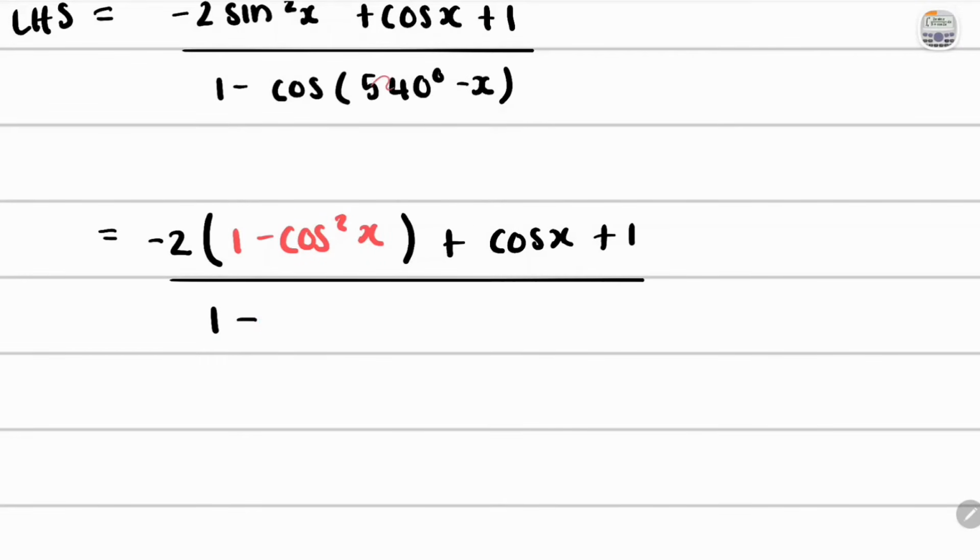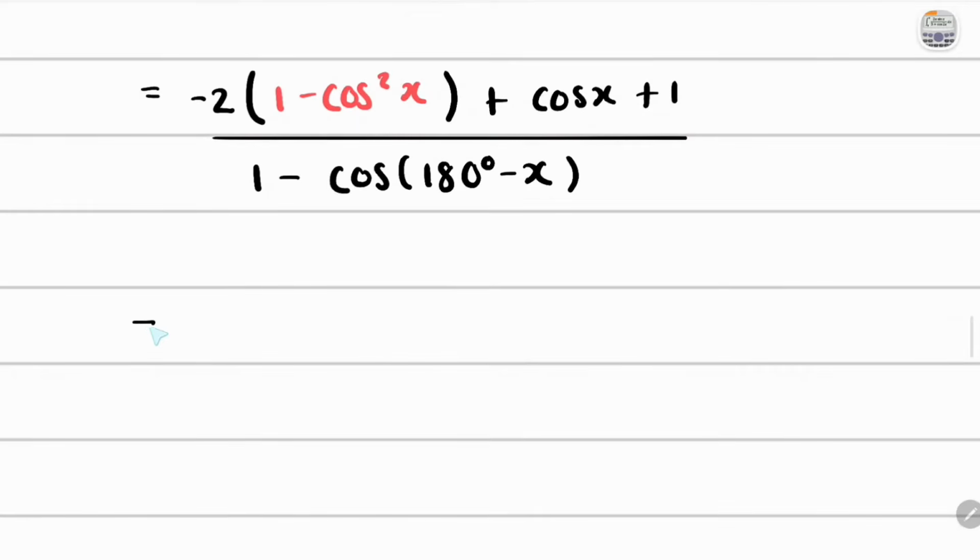Now notice that here we have an angle greater than 360 degrees. Whenever you see an angle greater than 360, simply subtract 360 degrees so we can better understand the angle. And that is going to be cos of 540 degrees minus 360, which is 180 degrees, so that is cos of 180 degrees minus x.